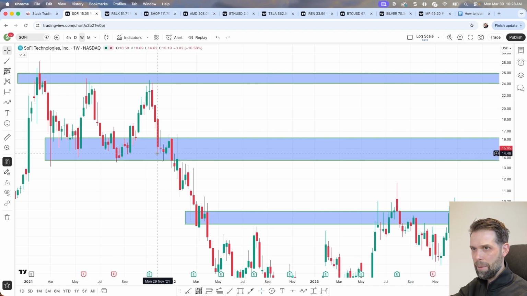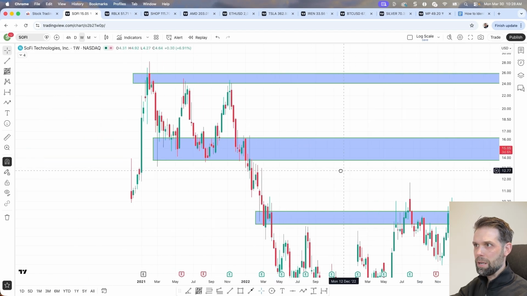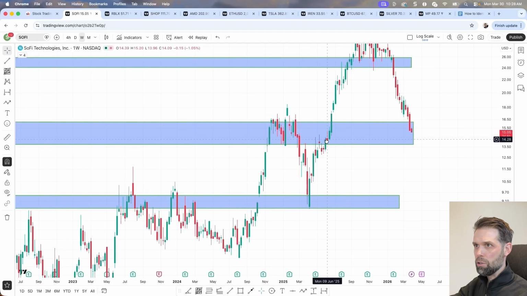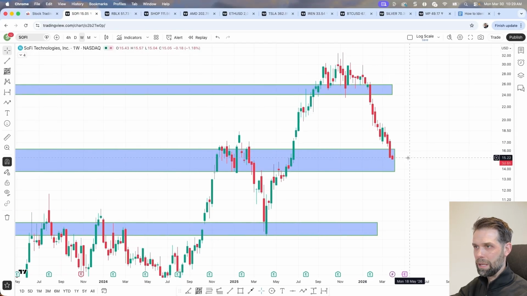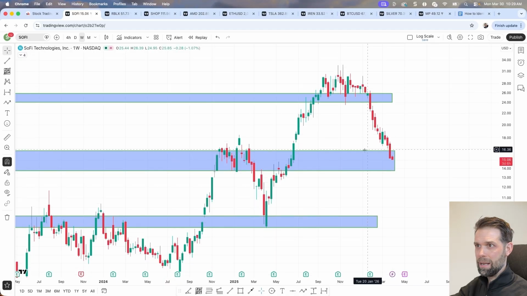People bought that up, and then it was lost. And in present time, this was also an important zone in early 2025. And then presently, the stock has retraced into this zone again. So this is another zone where potentially buyers might step in, and support could be near for SoFi.